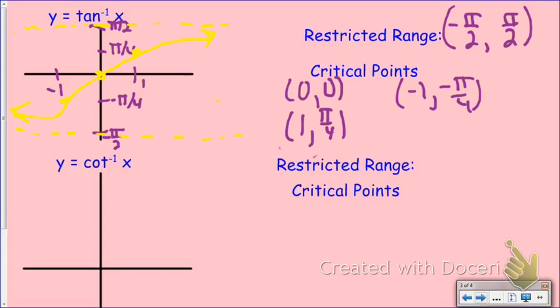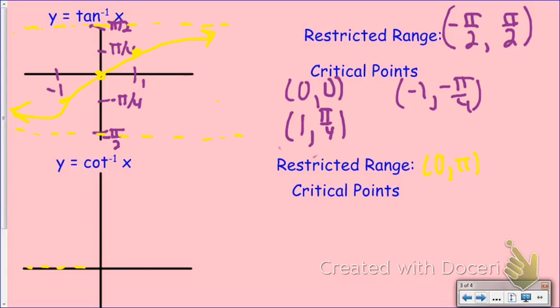All right, so let's do cotangent now. So cotangent is going to be similar, but a little bit different. So my cotangent function is going to have a restricted range of 0 to pi. And again, it's going to be in parentheses because I'm going to have asymptotes at those two places, because the cotangent of 0 is undefined and the cotangent of pi is undefined.